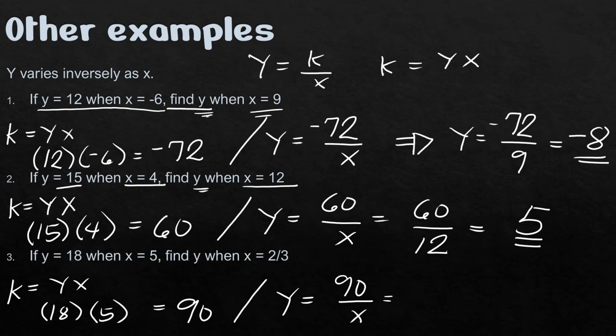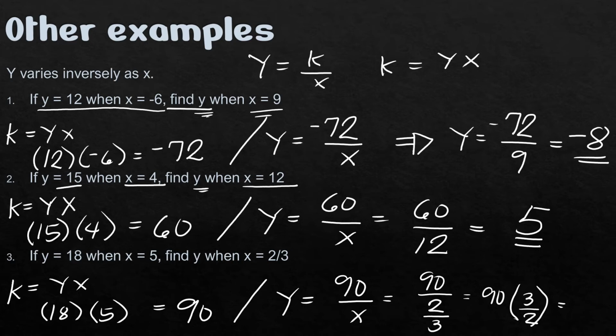Next, we need to find y when x now is 2/3. Since it's a fraction, write po natin siya 90 times, we get the reciprocal. That's 3 over 2. So, 90 times 3 over 2, that is 270.